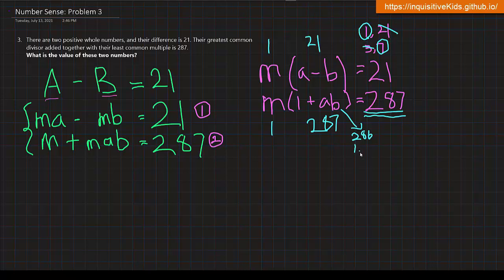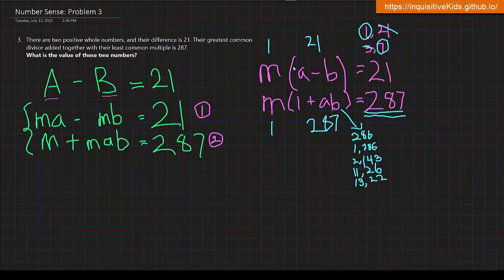So now here are the factor pairs of 286. We have 1 and 286 itself, 2 and 143, 11 and 26, 13 and 22.